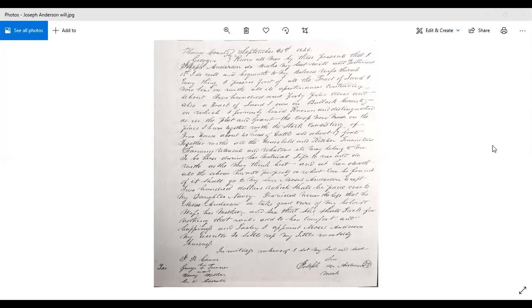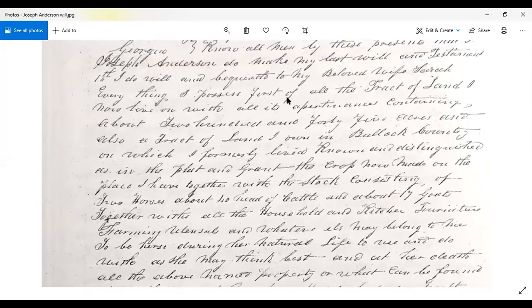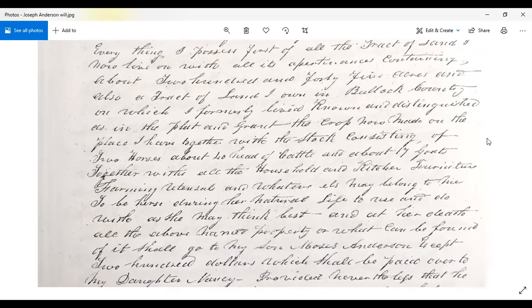Almost everything was left to his beloved wife, Sarah, where it says up here, nearly everything, tract of land, everything he owned, which he goes into detail about how much land, where it's located. He had land in Bulloch County and Thomas County. And he also specified for his son, Moses Anderson, to take care of his wife.